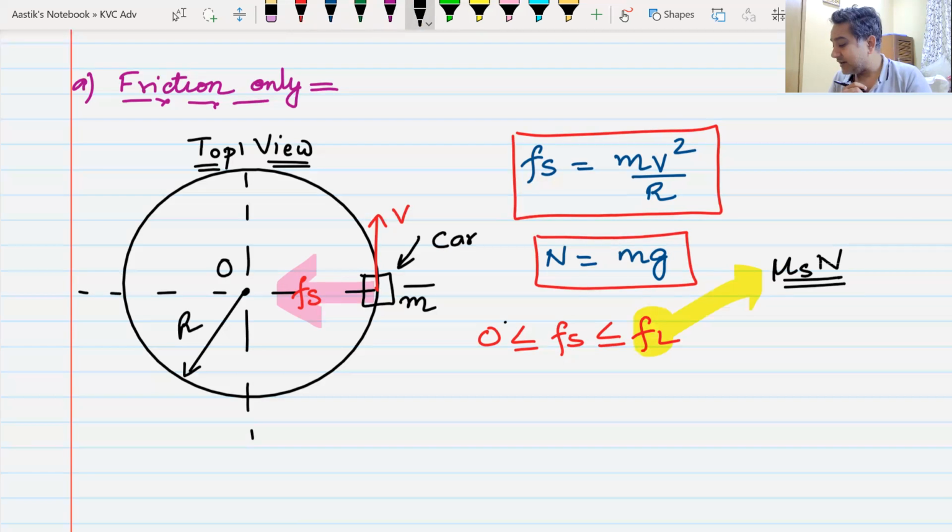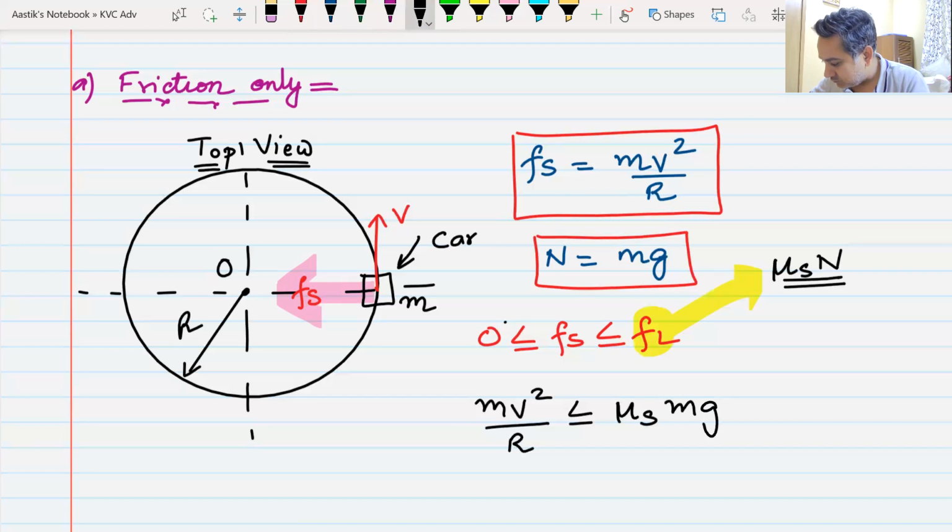Now the static friction, so we'll put the value. So this static friction, that is mv square by r, should be less than or equal to mu s into N, and N is mg.